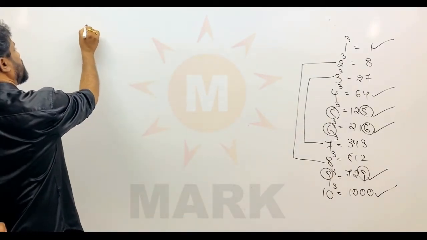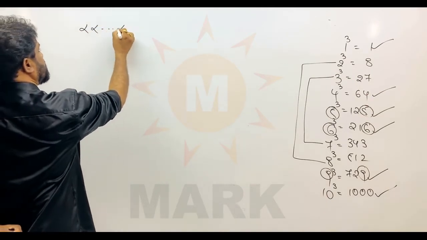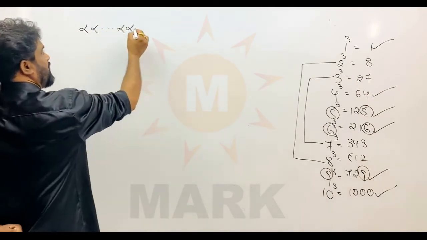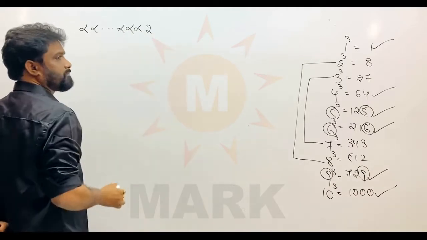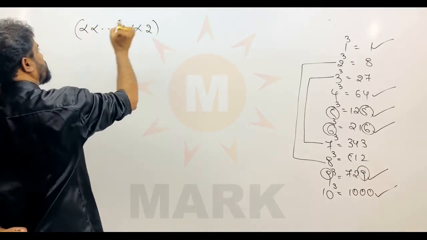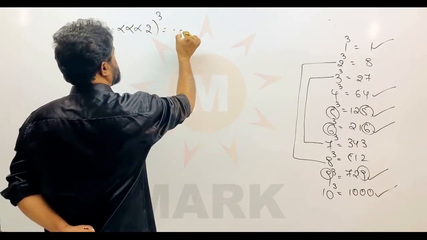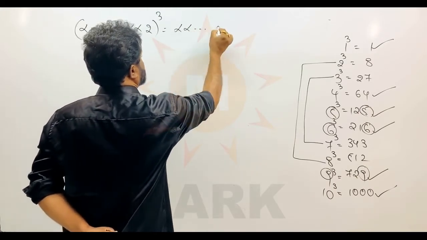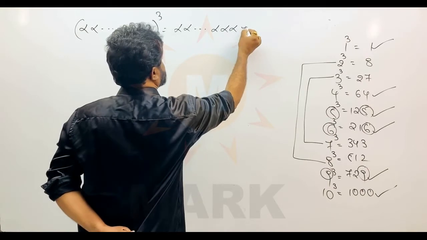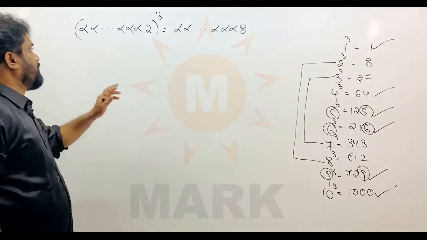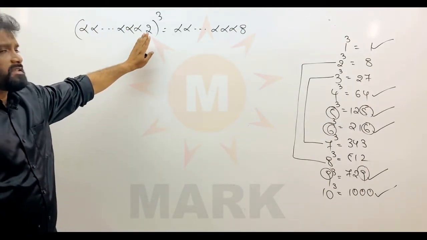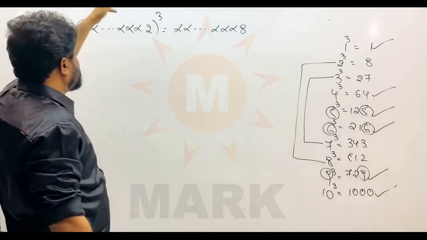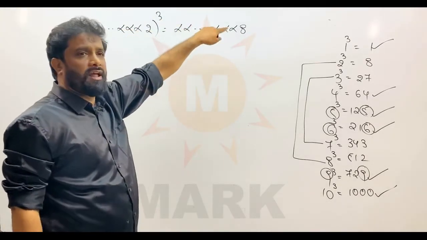You take any size number. If the last digit is 2 and when you cube it, the last digit in the answer will be 8. You take a number whose units place is 2 and when you cube that number, in the answer the last digit will be 8.